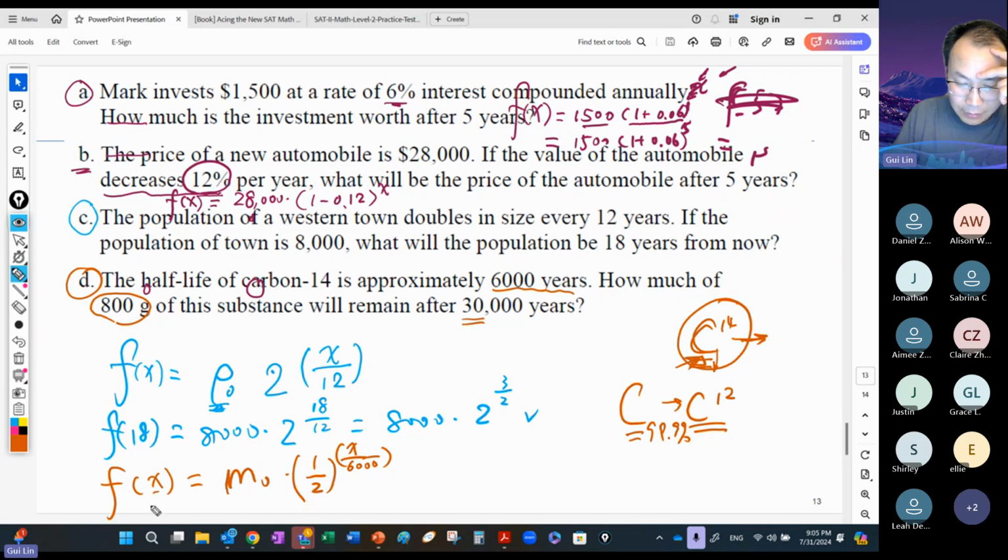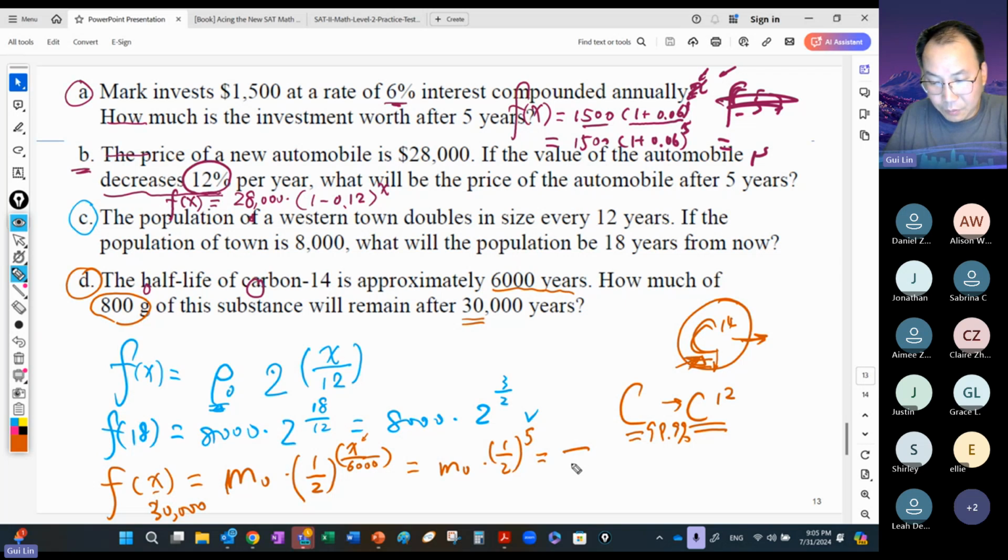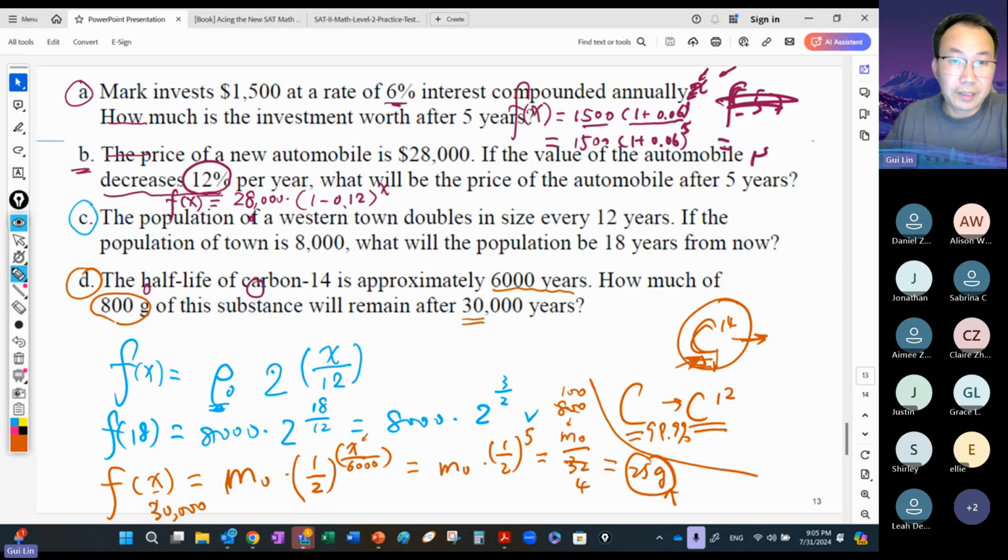Now x is replaced by 30,000, so the exponent is 30,000 over 6,000, which is 5. 2 to the power of 5 is 32. M0 here is 800 grams. So 800 divided by 32 gives 25 grams left. Something like this decaying.